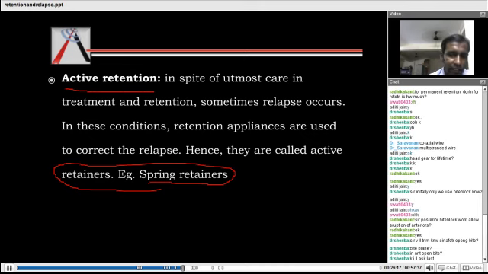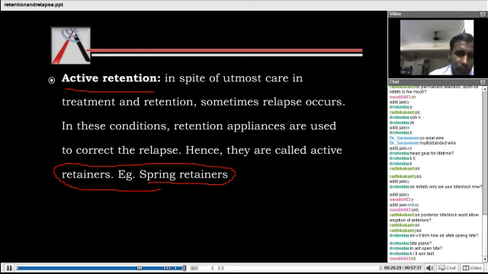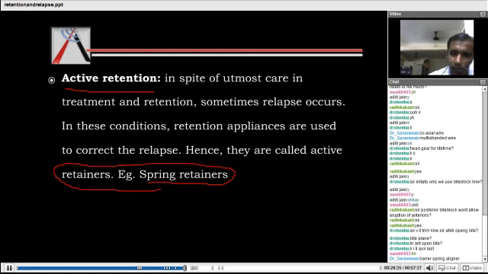Even your clip-on retainer can be active retention. Barrier spring aligner is also an example of active retention.